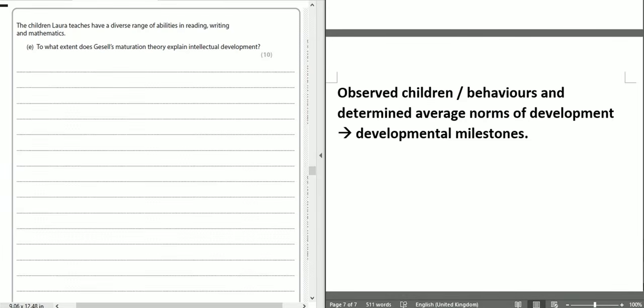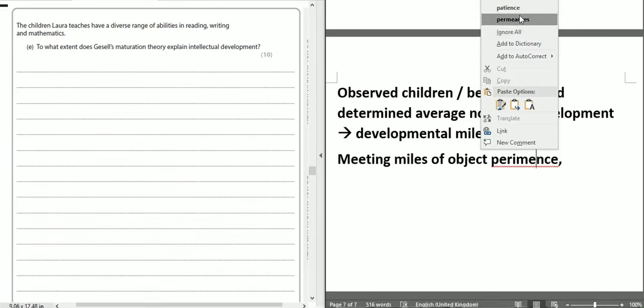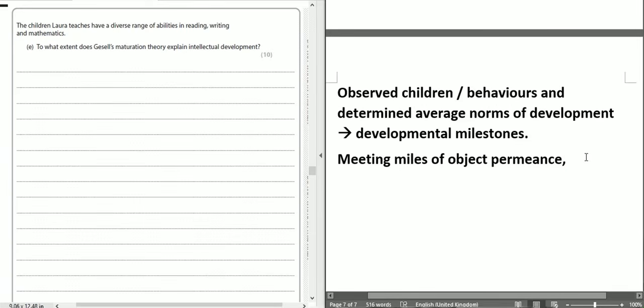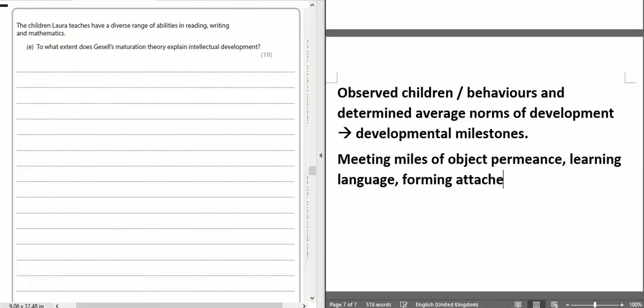So to what extent does Gesell's maturation theory explain intellectual development? Obviously some of the things we can talk about is meeting milestones of object permanence, forming or learning language, forming attachments, and learning skills such as walking, and particularly we're thinking about fine motor skills.